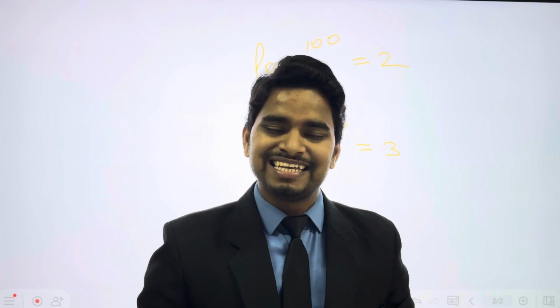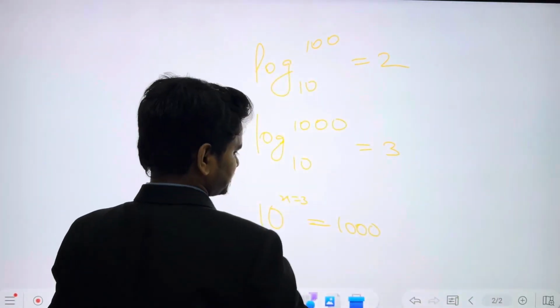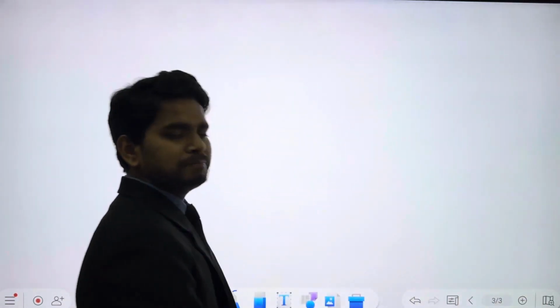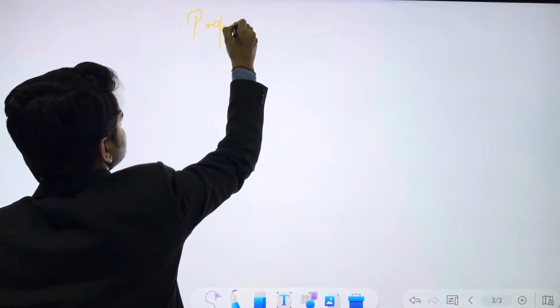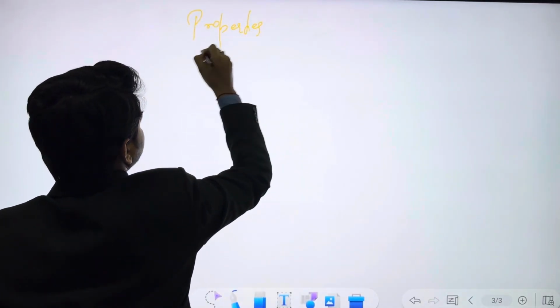Let's go ahead now. Let's start some basic properties of log. 3 properties are there. We'll talk about simple 3 basic properties.